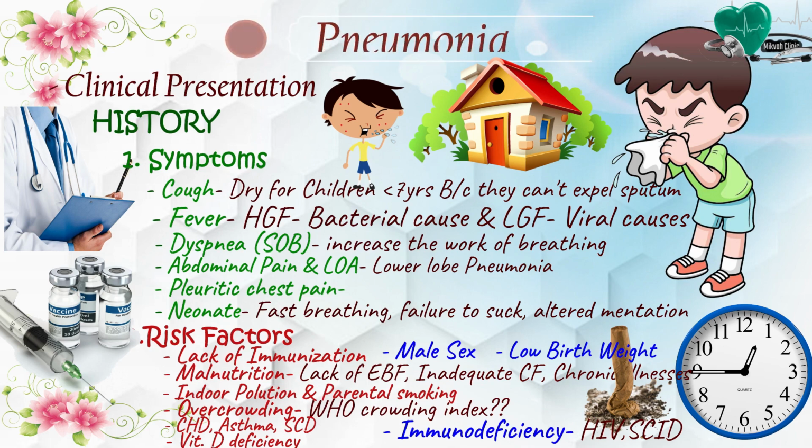All these are relevant for protection of the respiratory system. So if there is immunodeficiency from acquired causes like HIV or congenital causes like SCID or other immunoglobulin deficiencies, it may predispose the child to pneumonia, and is frequently associated with recurrent pneumonia.